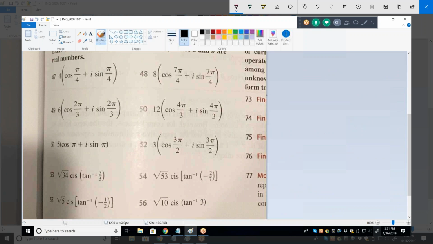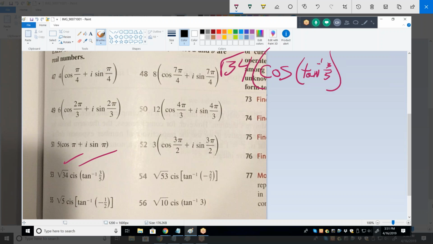All right, let's have a look at 53. Rewrite that in terms of like 52. So we have root 34 times the cosine of the inverse tangent of 3/5 plus i sine of the inverse tangent of 3/5.